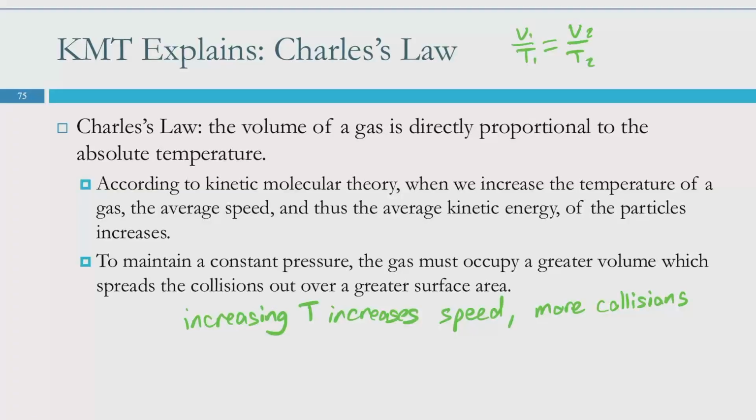And since in Charles' law our pressure is constant, to keep the pressure the same, we have to expand the volume, since expanding the volume decreases the pressure. So that's kind of our equilibrating force. We also increase the average kinetic energy of the particles. And since the kinetic energy of our particles increases, they're colliding with more force.